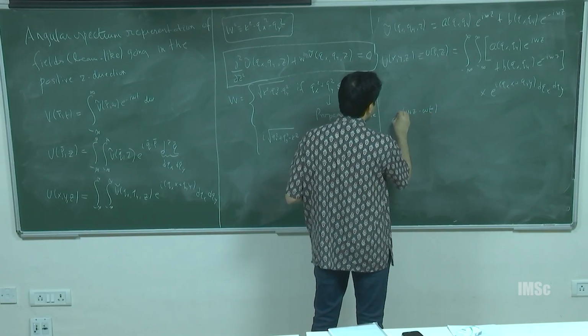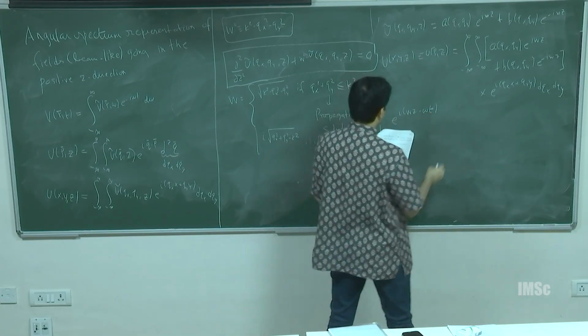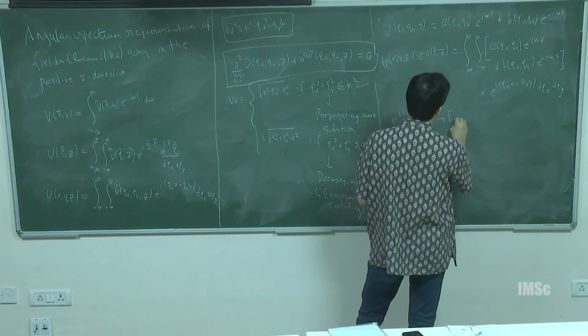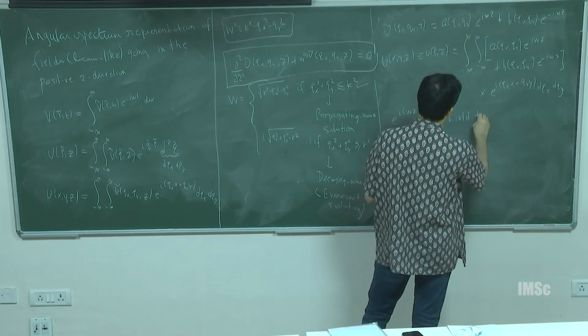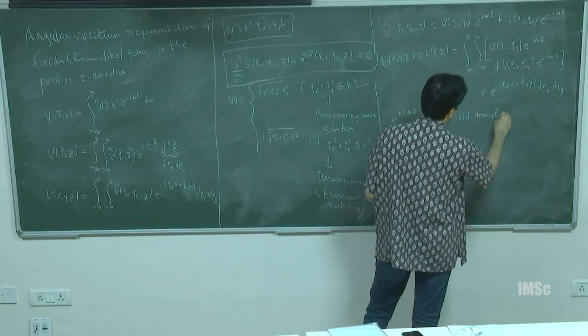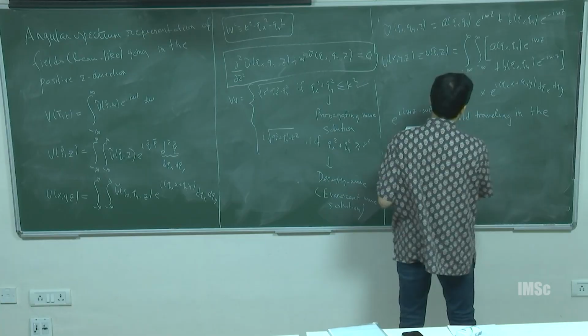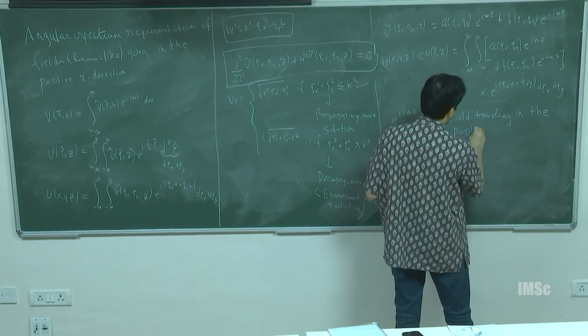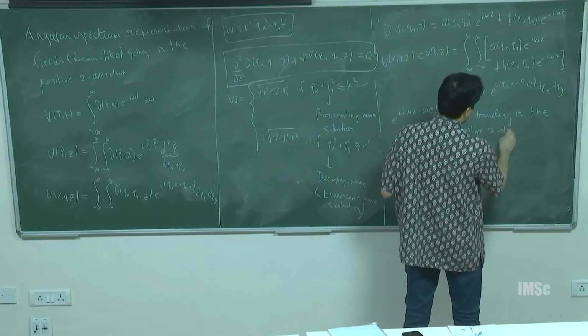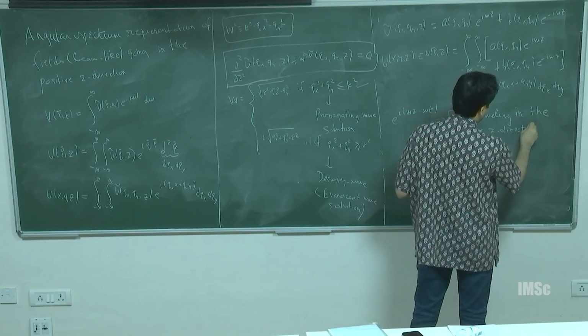So e to the power i kz z minus omega t corresponds to the field propagating in the positive z direction.